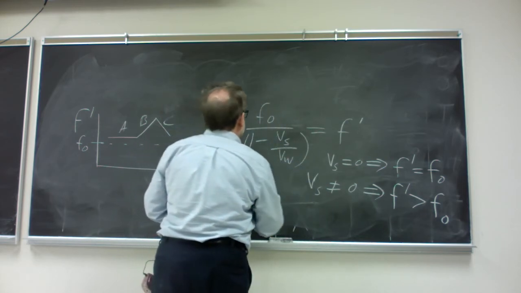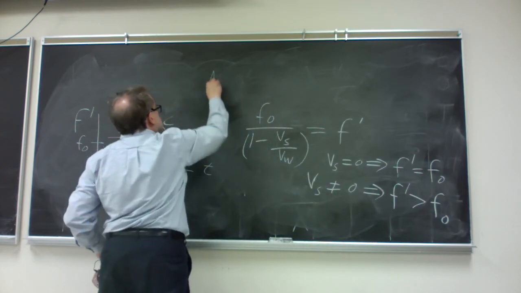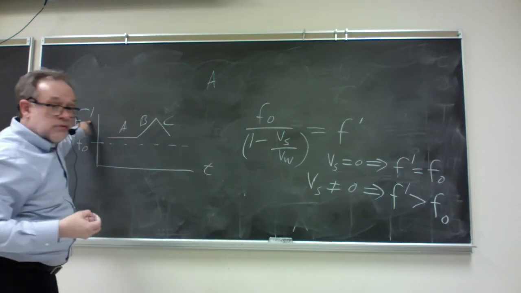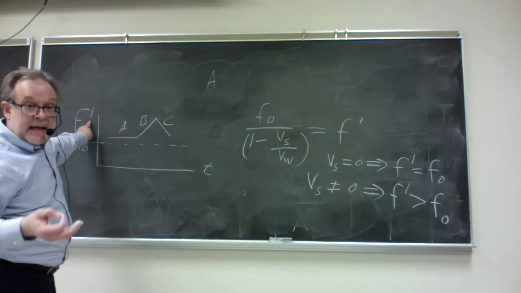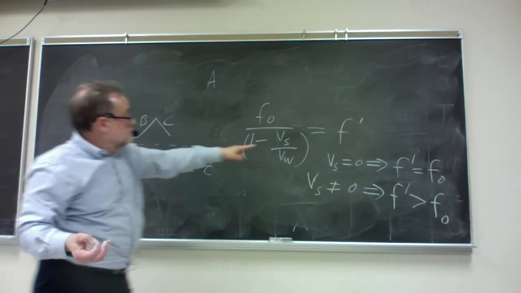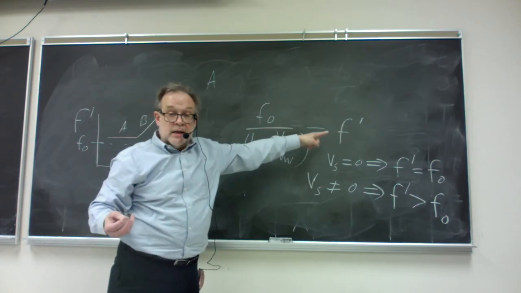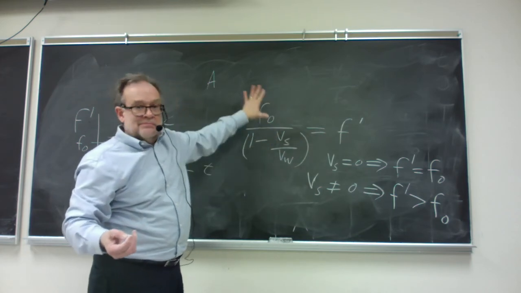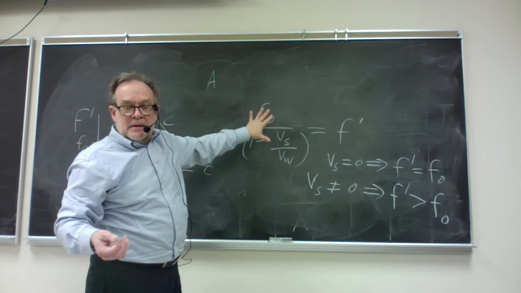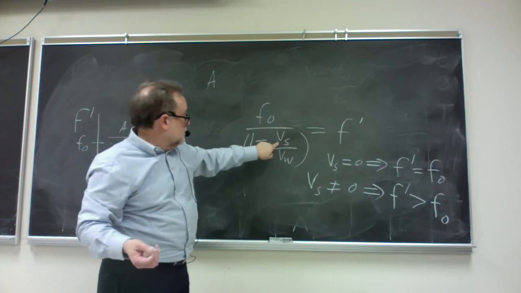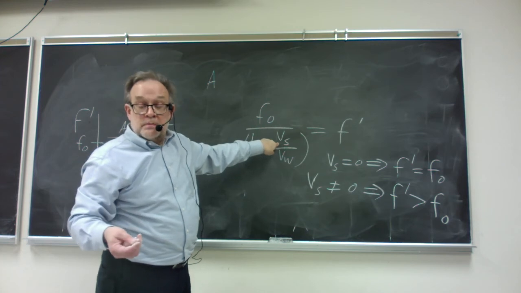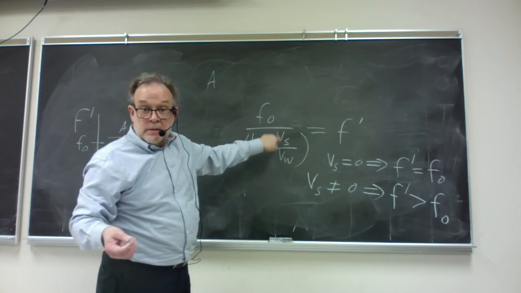Well, in situation A, obviously, f prime is staying constant. The perceived frequency is staying constant, which means all these numbers on the left-hand side are staying constant as well. In particular, the source has a constant velocity.